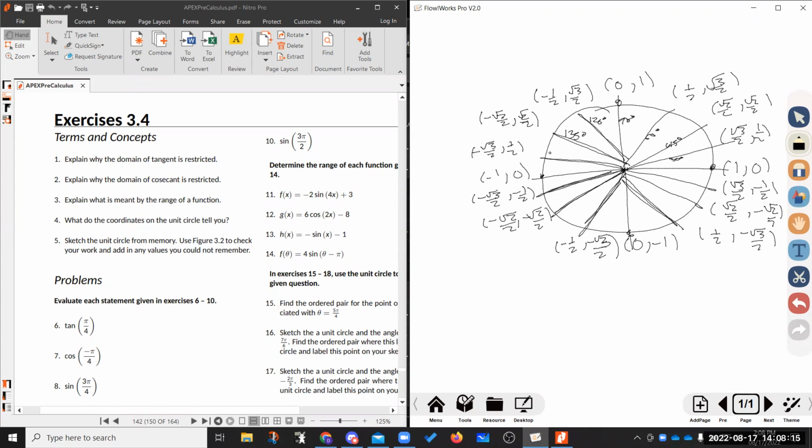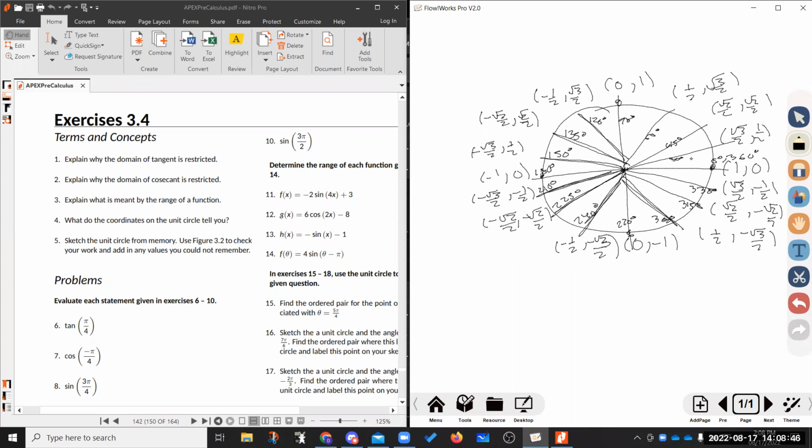This is 150 degrees, 180 degrees, 210 degrees, 225 degrees, 240 degrees, 270 degrees, 300 degrees, 315 degrees, 330 degrees. Then we're back to 360 degrees. You can do negative angle measurements as well.